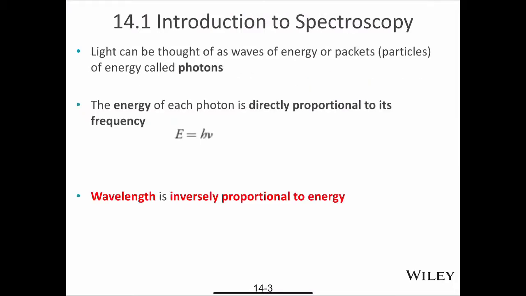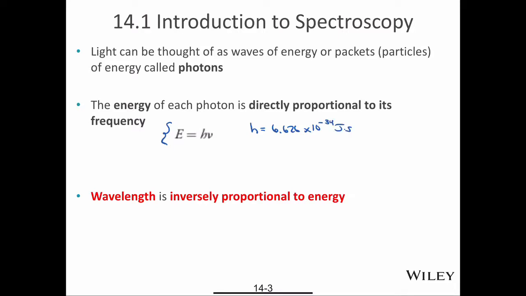When viewed as a particle, electromagnetic radiation, or light, consists of packets of energy called photons. The energy of each photon is directly proportional to its frequency, and that's shown in this equation right here. Energy is equal to h times the frequency, where h is Planck's constant, which is 6.626 × 10⁻³⁴ joules times seconds.